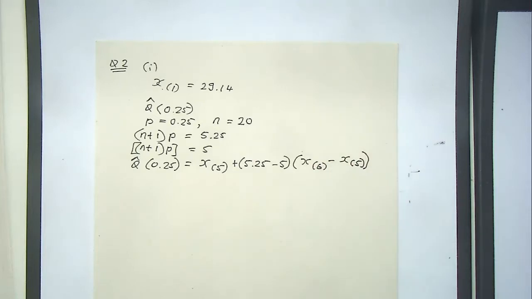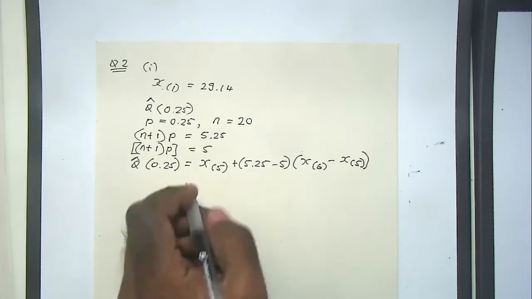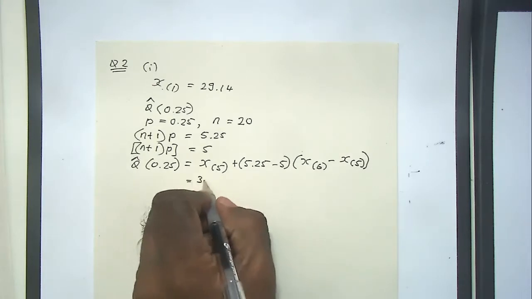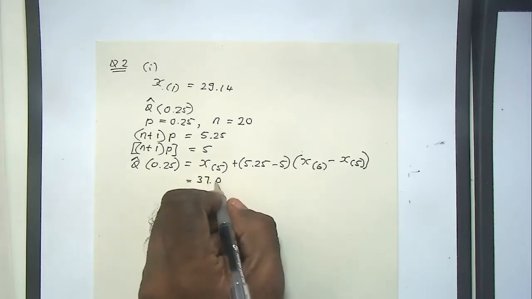This is the first quartile, and if you work this out, you will get 37.0325.